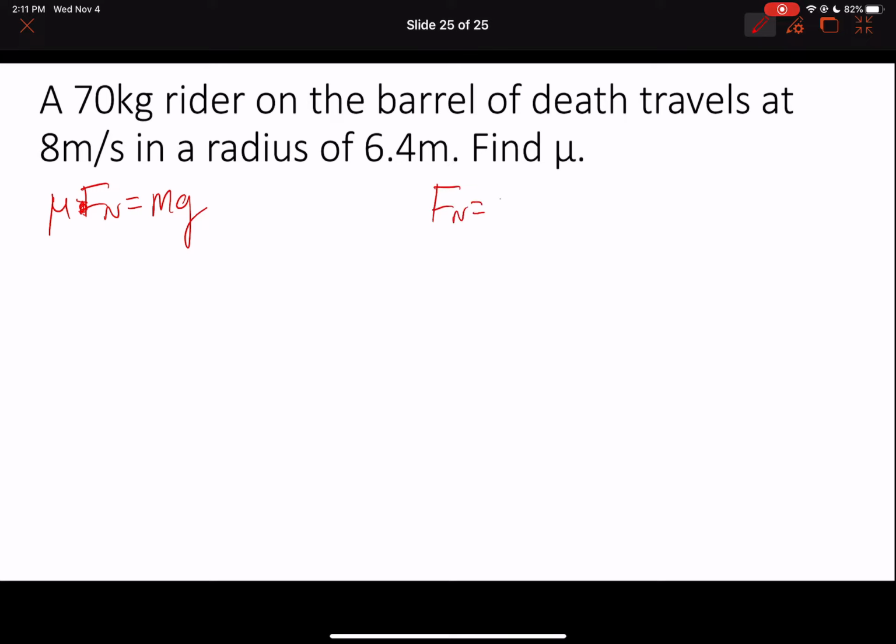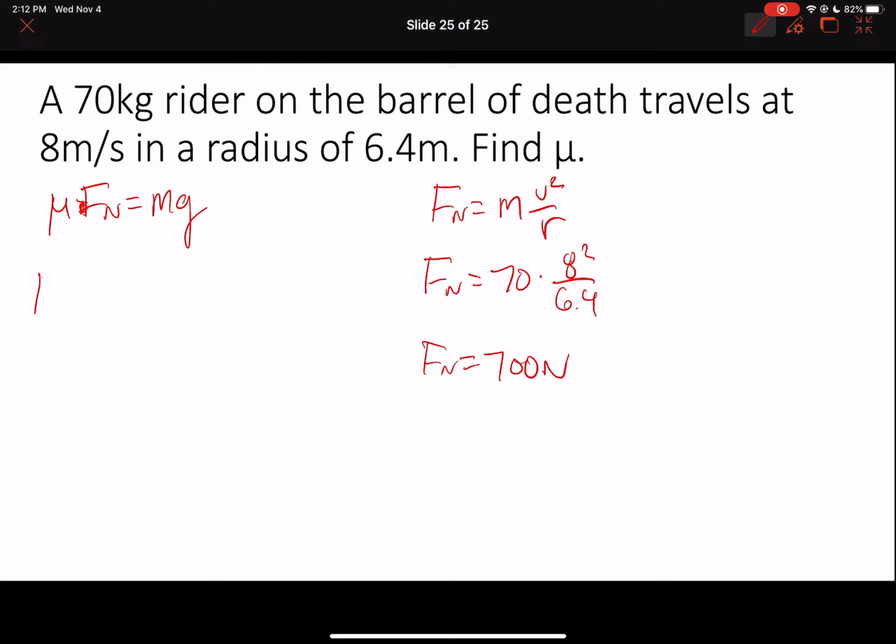Fn is equal to mv squared over r. We know the mass, we know v, we know r, so we can find the normal force, and then we can plug it back into the left side. So normal force is equal to 70 times 8 squared all over 6.4. 8 squared divided by 6.4 should be 10. And then times 70, you should get 700 newtons.